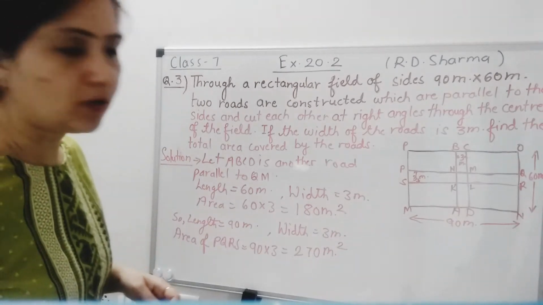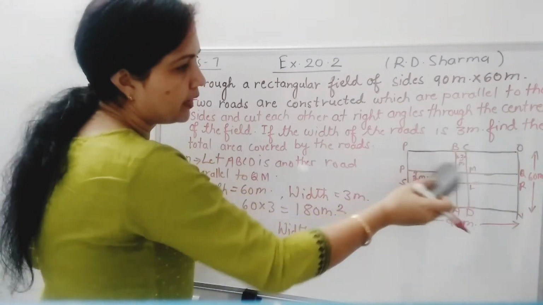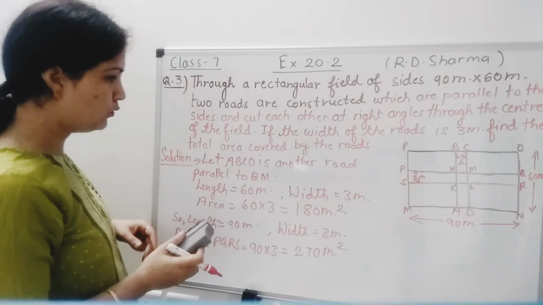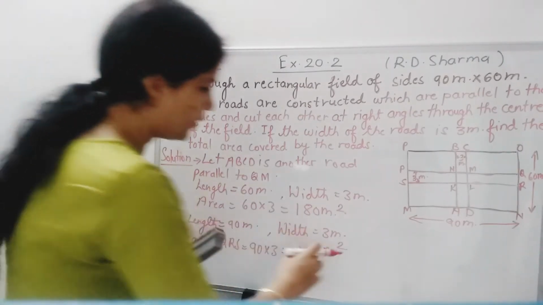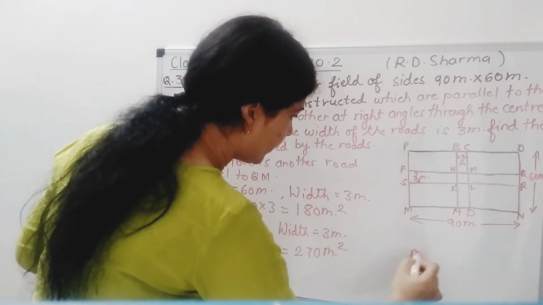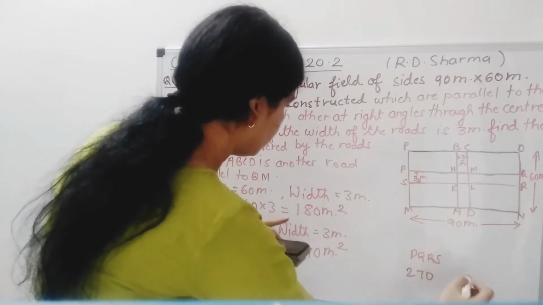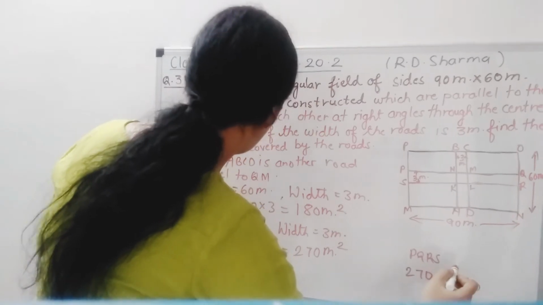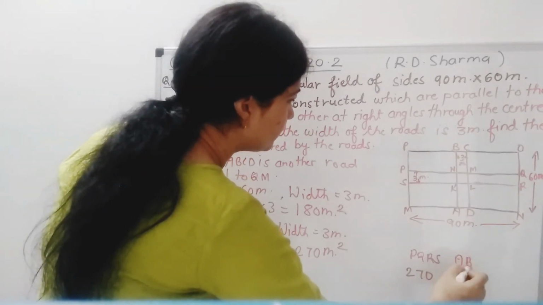Now we have to find out the area covered by both of the roads. We can see this is 270, the area of PQRS, and 180 is by ABCD.